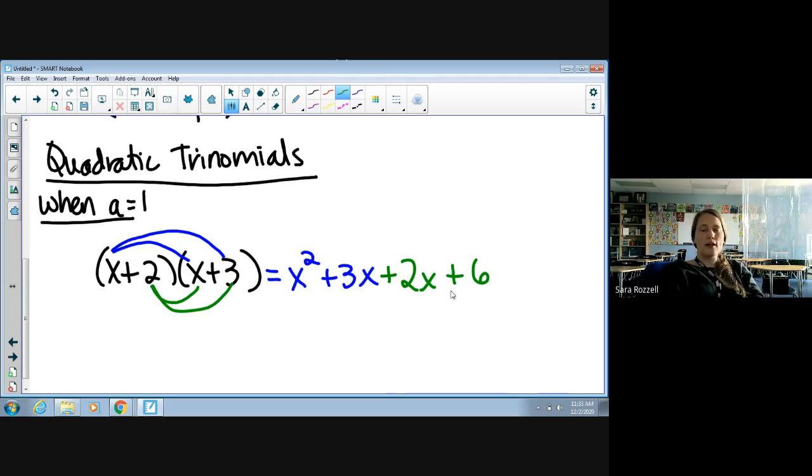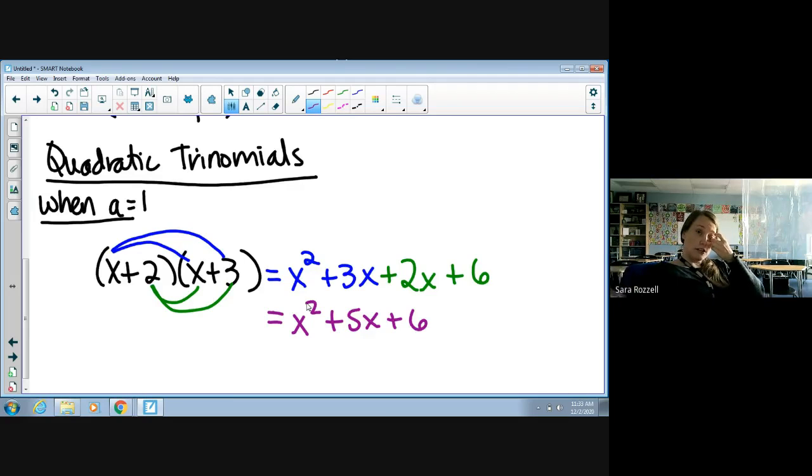Okay. And then we combine like terms at the end. So if I'm looking, it's almost always the terms in the middle. I can combine the 3 and the 2 together, and 3 plus 2 makes 5, right? Good. So our final answer, if we were just going to multiply these together, would be x squared plus 5x plus 6.